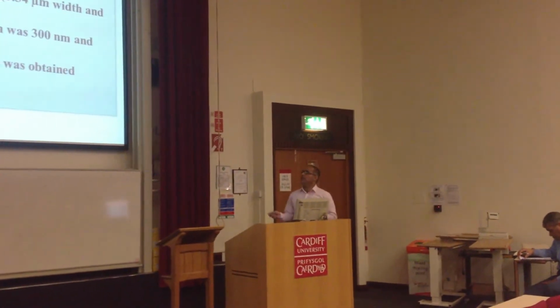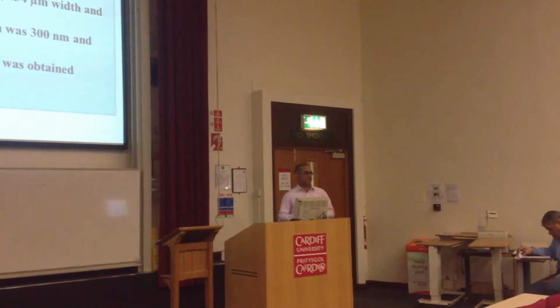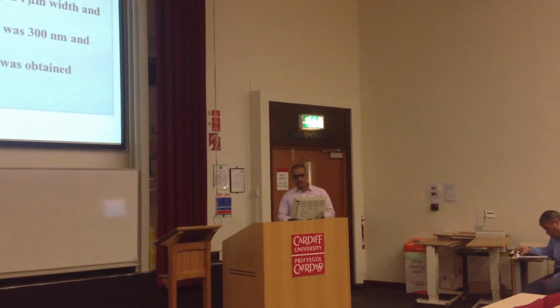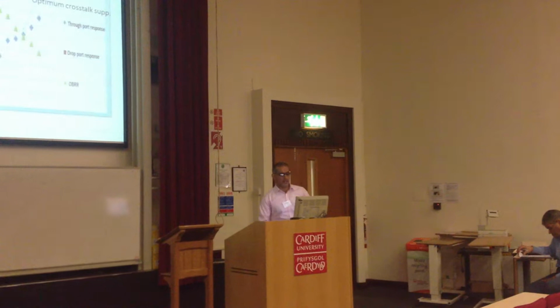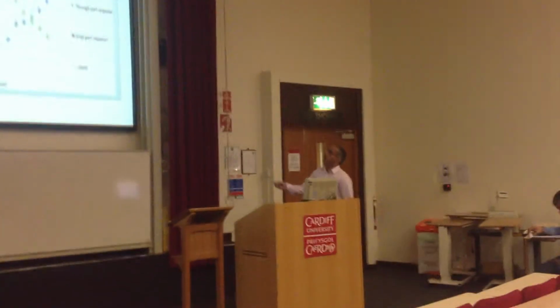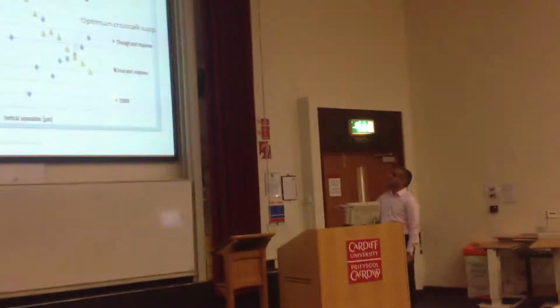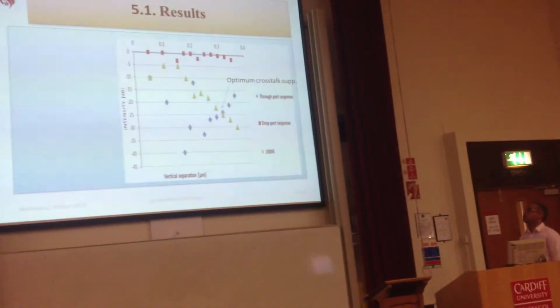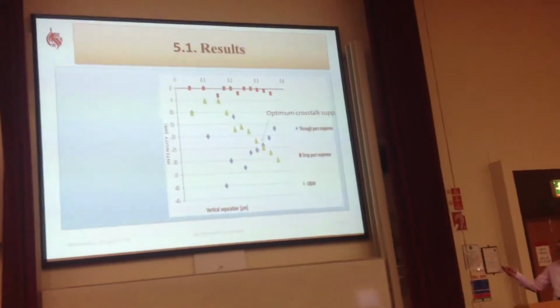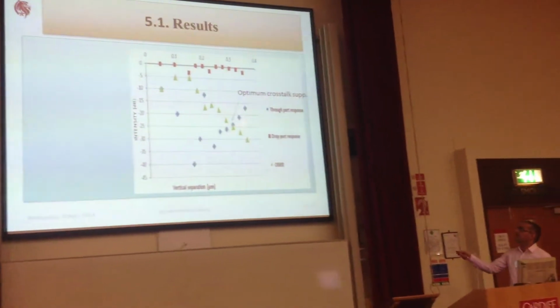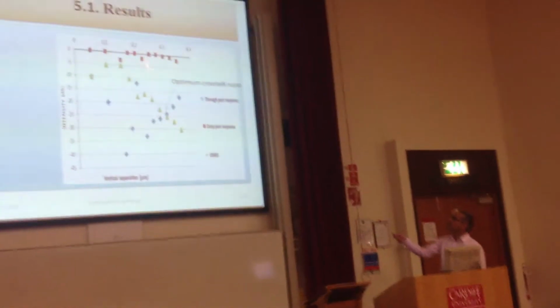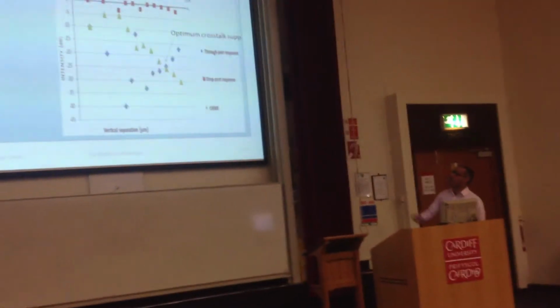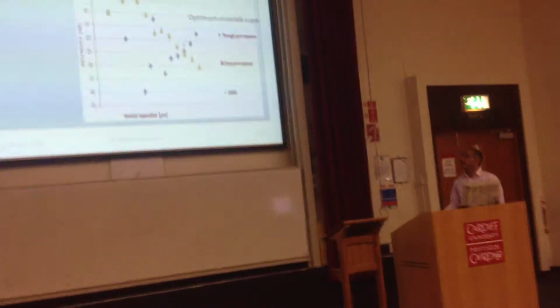And we change the vertical separation D, increasing it each time, and each time we measure the through-port response, the drop-port response, and the out-of-band rejection ratio. The crosstalk separation was measured by taking the difference between the drop-port and through-port response at resonance.